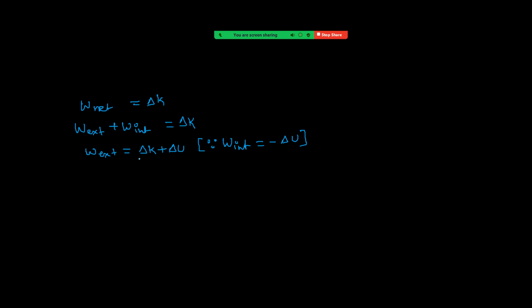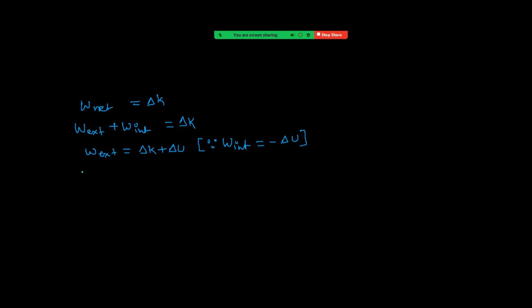And we know that mechanical energy means the sum of potential and kinetic energy. I am repeating, mechanical energy means potential energy as well as kinetic energy. So here is the change in kinetic energy, and this is the change in potential energy.